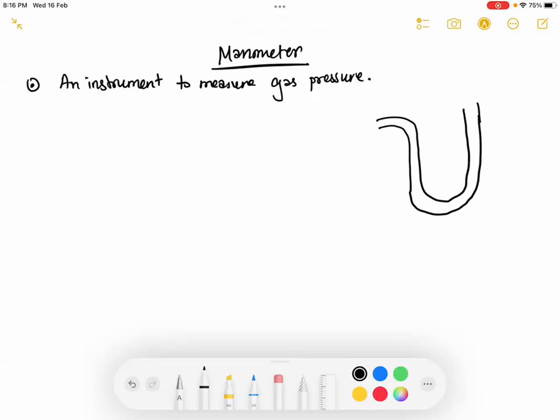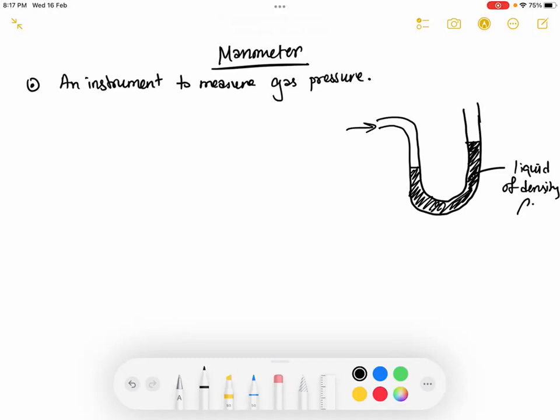Basically, you have a liquid inside this tube. Let's say this is a liquid of density rho. Okay. How do you measure pressure from this instrument?